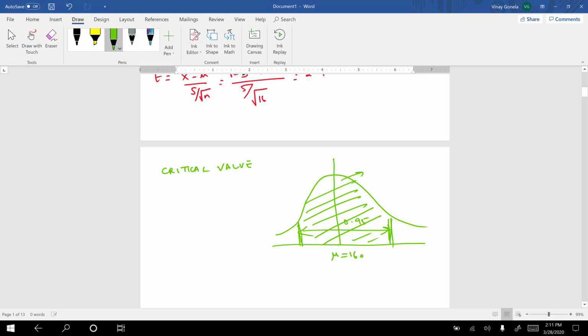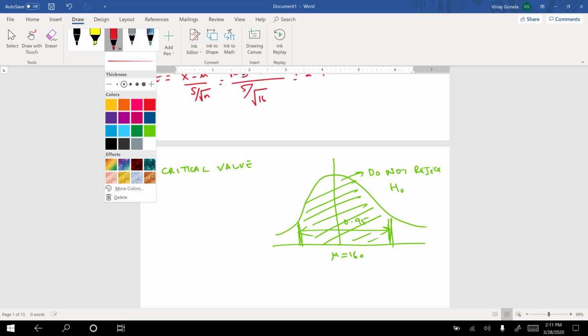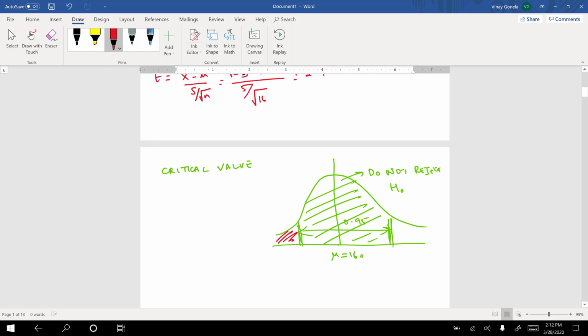That means do not reject H null. When I can't reject the null hypothesis, that means the president's claim is true. And these areas are where I can reject the president's claim. So this is reject H null, which means the president's claim is false.